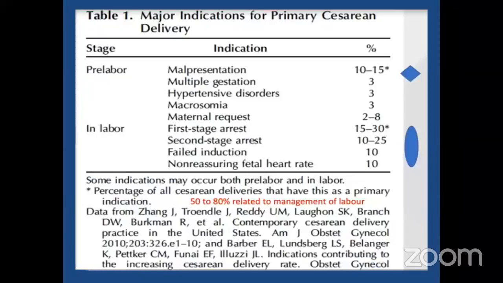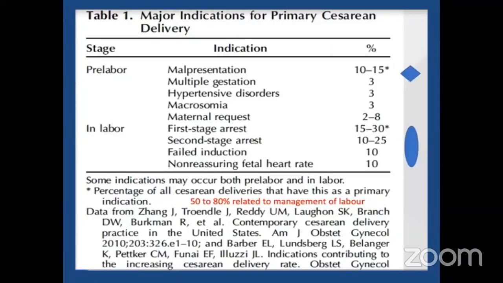So they analyzed all these, and what they found out was that 15 to 30% of them were first stage arrest. The indication was first stage arrest. 10 to 25% was second stage arrest. 10% was failed induction, and another 10% was non-reassuring fetal status.